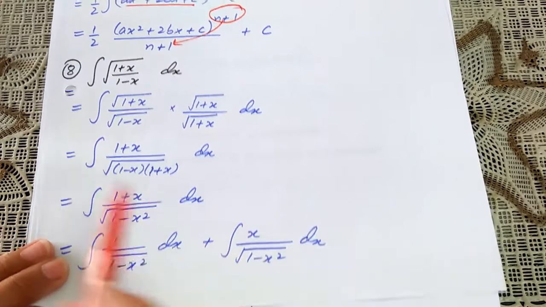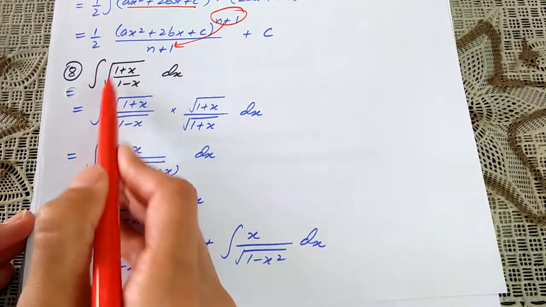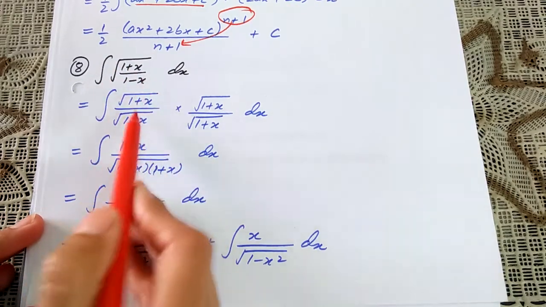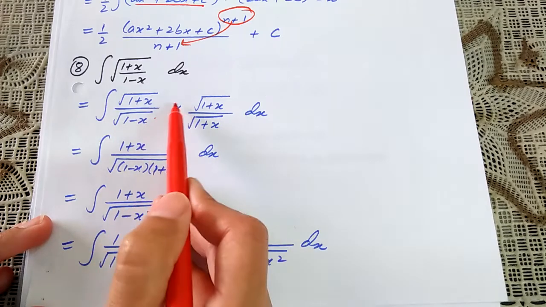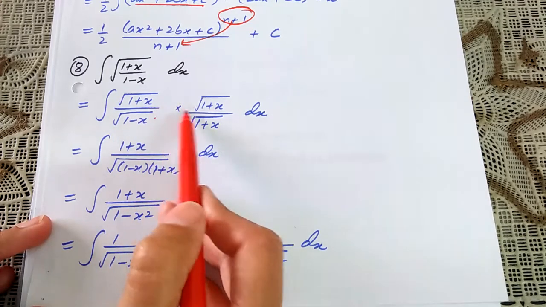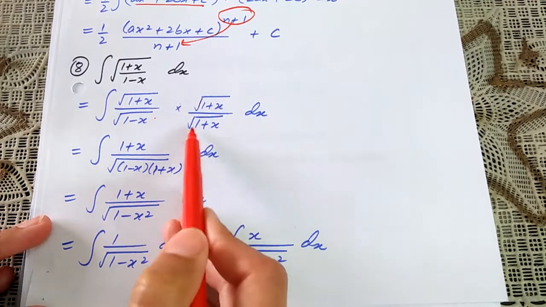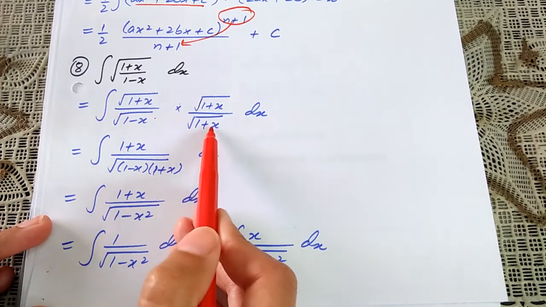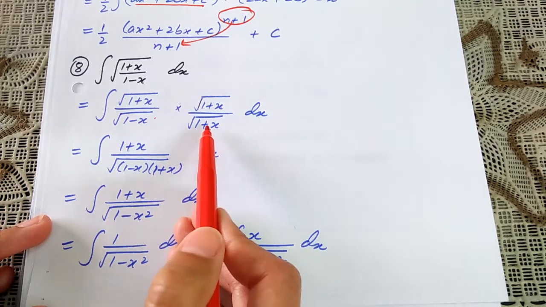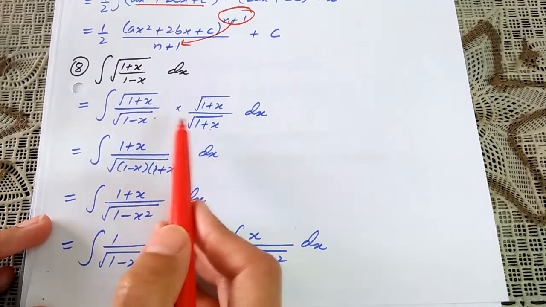Question number 8. Integration of square root of 1 plus x over 1 minus x. Separate the square root on the numerator and denominator. To simplify, I am multiplying with square root 1 plus x over square root 1 plus x. You can also multiply with 1 minus x over 1 minus x; it's up to us, both give the same answer.